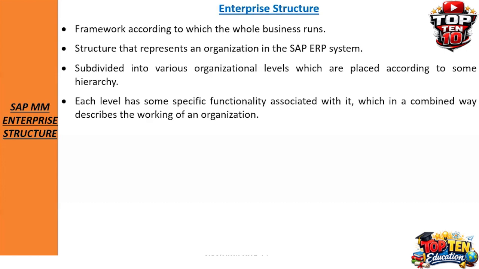For example, one client can be a group of companies. One company can be a group of company codes. One company code can be a group of a number of plants, working centers. Like this, every sub-organizational unit has one place according to the hierarchy.